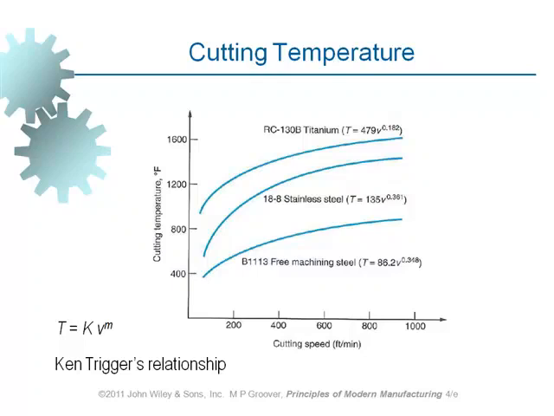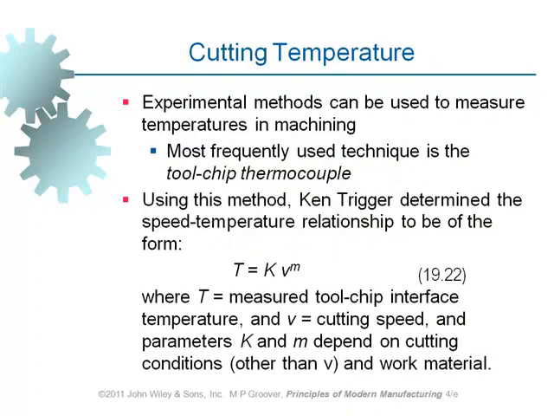V times T to the power of N is equal to a constant value C. So there is a relationship between V, cutting speed, and tool life, and here there is a similar relationship between temperature and cutting speed. And this is the same equation with explanation of the parameters, which is the very last slide of today's lecture.